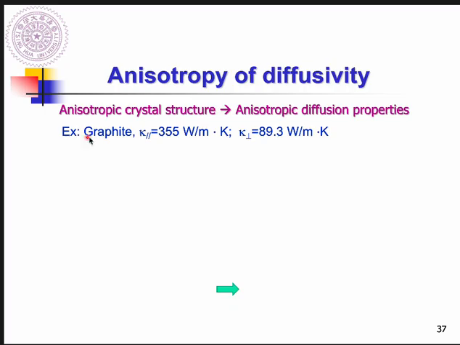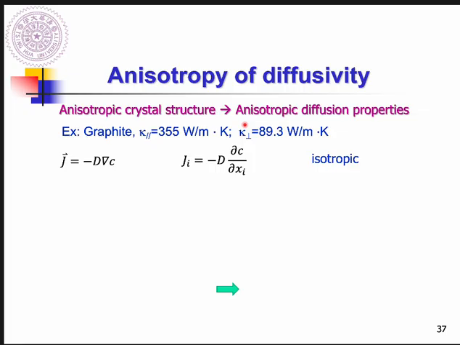For example, graphite: the thermal conductivity on the plane is around 355, which is much larger than the thermal conductivity across, perpendicular between two planes. So we can say that graphite belongs to anisotropic crystal structures.